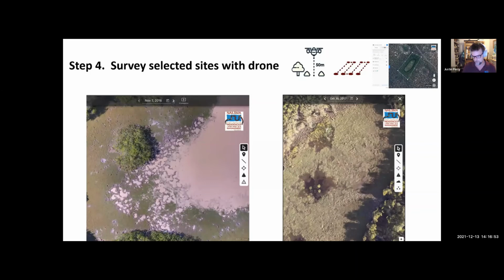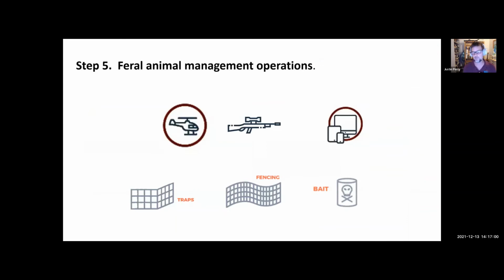You might not need to go any further than that, but we have built the automated analysis software for the back end, which can then be contextualized against the type of action you put in place. So here we have a few management actions that are commonly applied out on that part of the world. There's aerial culling, ground shooting, hunting, traps, fencing, and poison baiting.